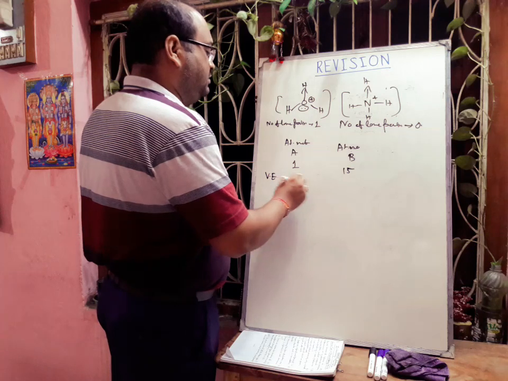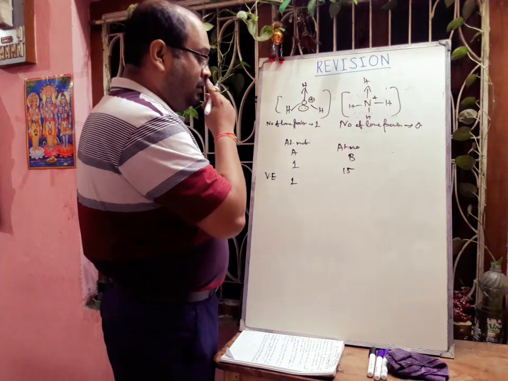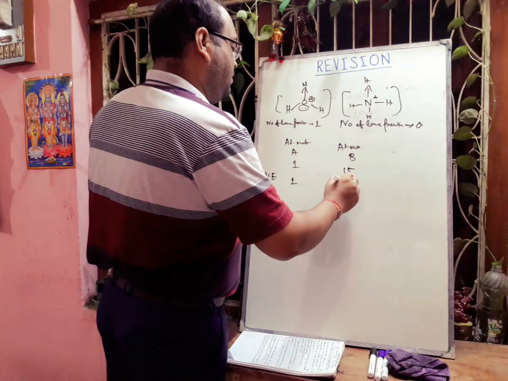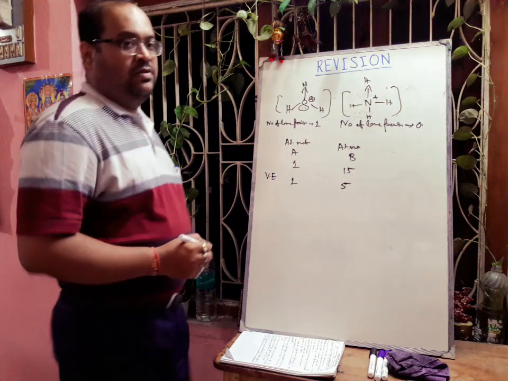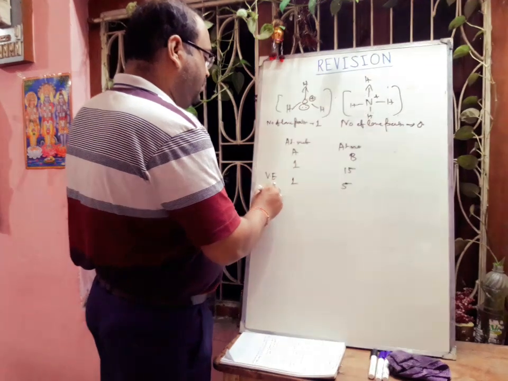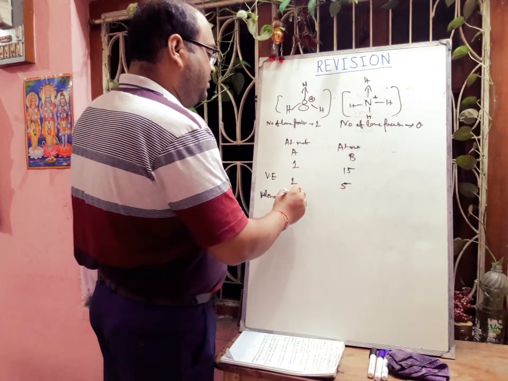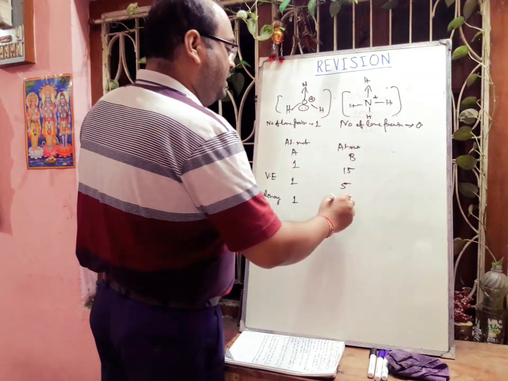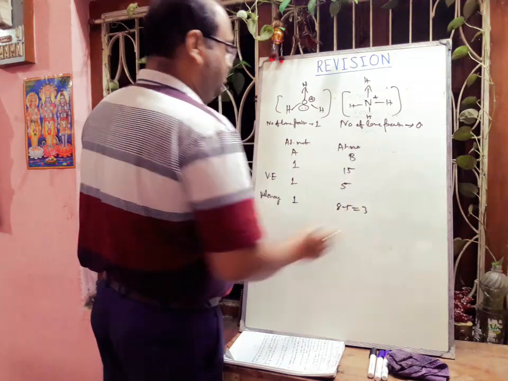Valence electron of A is 1 and of B will be 5. So the valency will be 1 here, and here the valency will be 8 minus 5 is equal to 3.